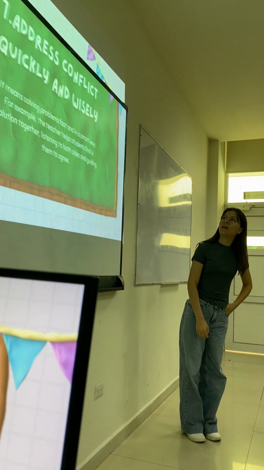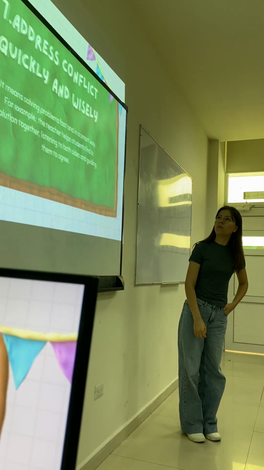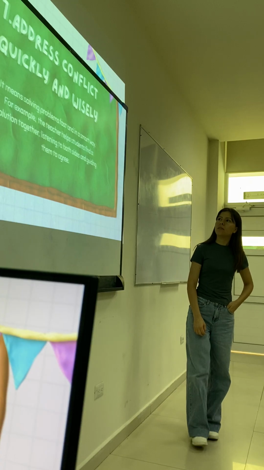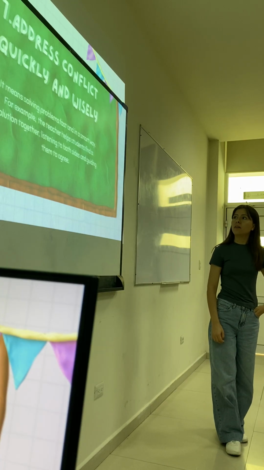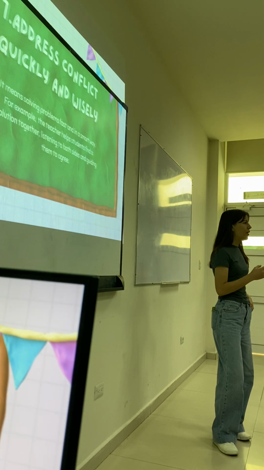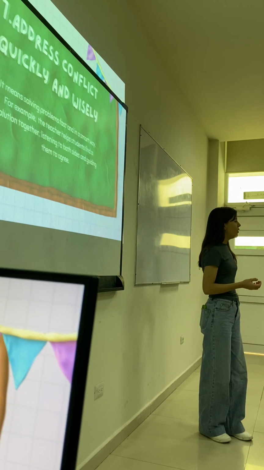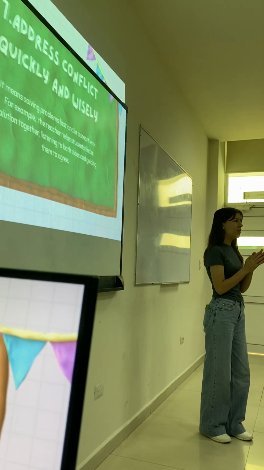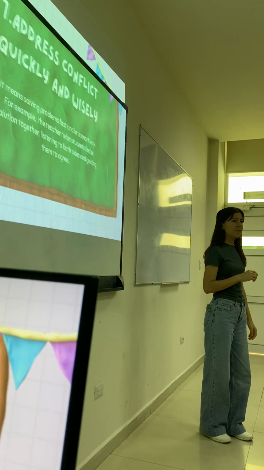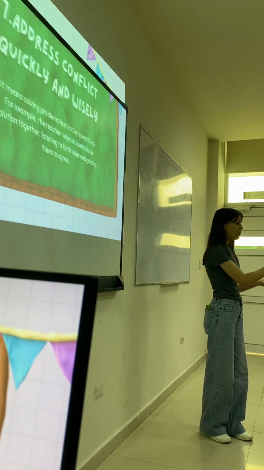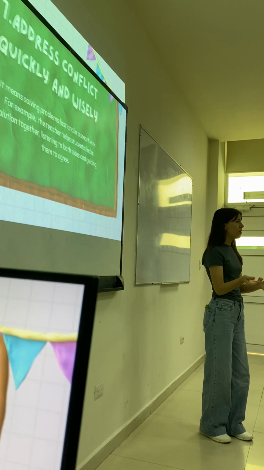The other one is address conflict quickly and easily. It means solve problems fast in a smart way. For example, it's like find a solution together. Imagine that both of you are having a communication between musicians. So you have a positive comment and you have a negative one. So you started to have a conflict between us.